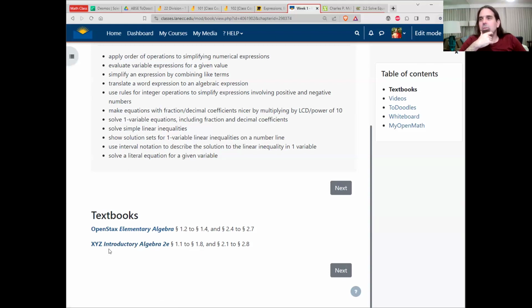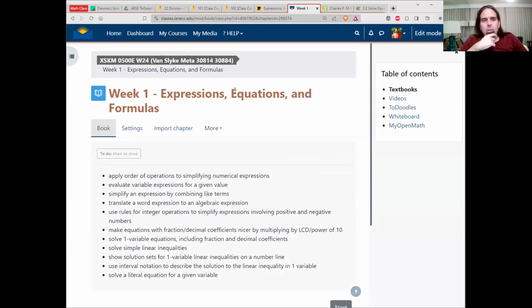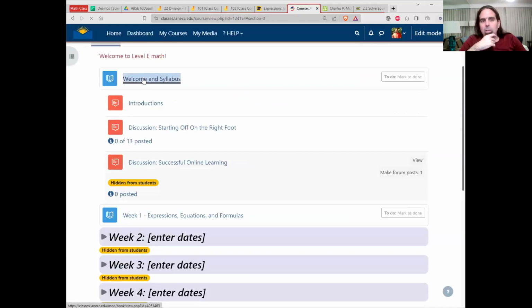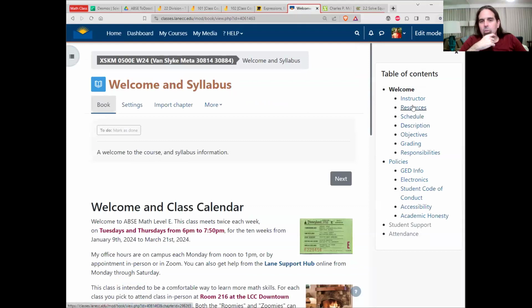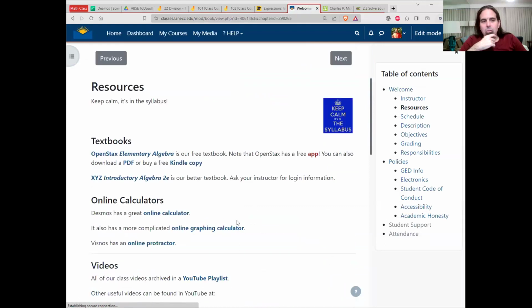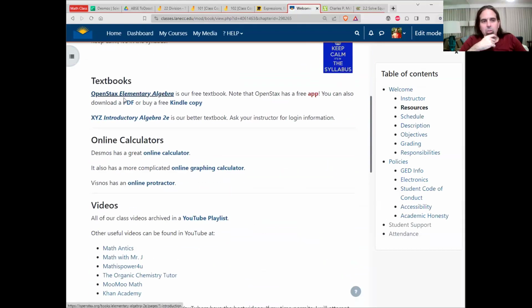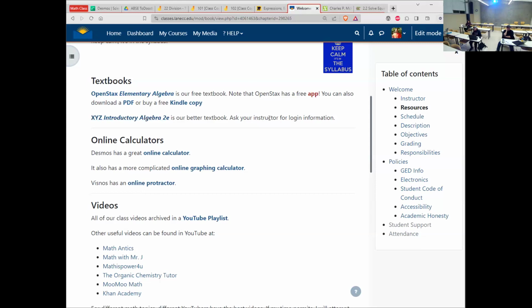It's not that expensive. But so far, I've never needed that. If you want to go back to the start of the course and then just look at the welcome and syllabus and look at resources, it's also right there. The textbooks are both here. The free one and the one with the login.